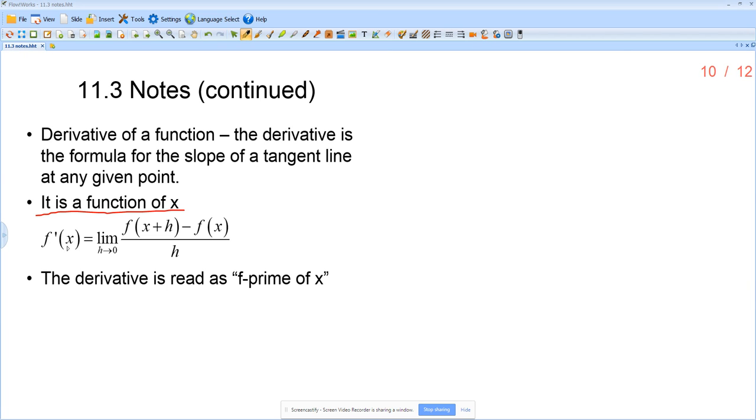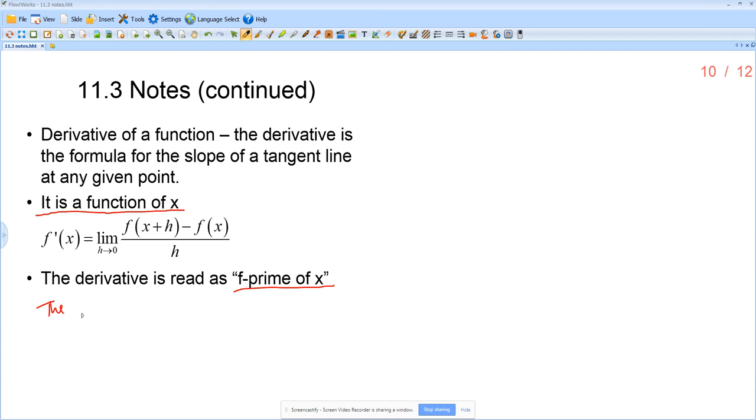So f prime of x is equal to the limit as h goes to 0 of f of x plus h minus f of x over h. And the derivative is read as f prime, that symbol meaning prime, of x.